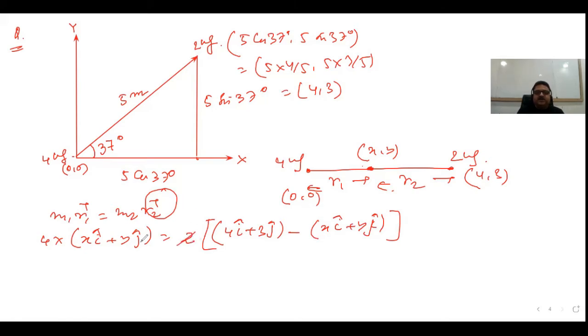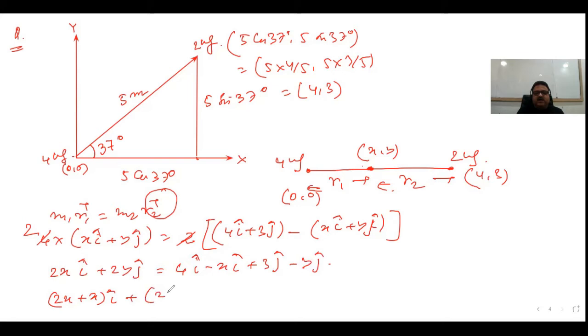Now simplify the result. This is 2 times, that is 2x i cap plus 2y j cap equals 4i cap minus x i cap plus 3j cap minus y j cap. Now, if I take it to that side, what will happen? 2x plus x i cap, 2y plus y j cap, and that is equal to 4i cap plus 3j cap.